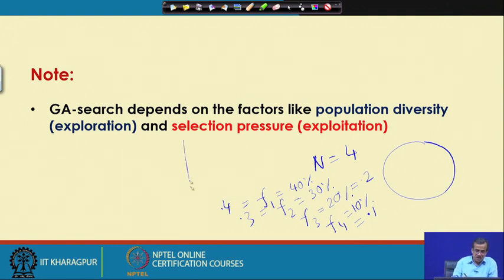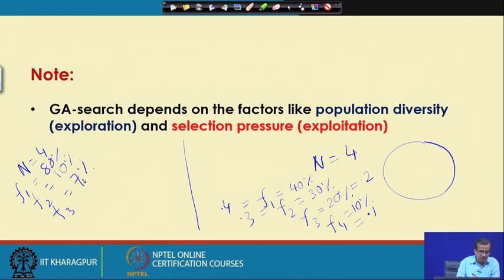Now, this is one scenario. I am just going to consider another scenario, where same n equals 4, but fortunately or unfortunately F1 is say 80%, F2 is say 10%, F3 is 7%, and F4 is 3%.